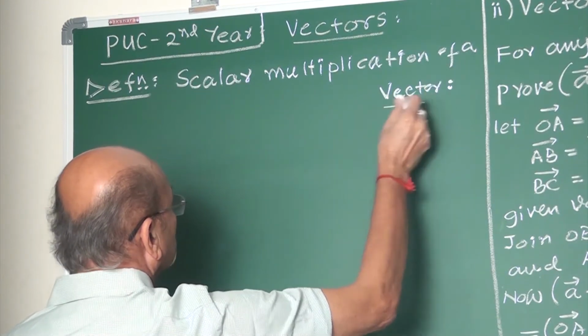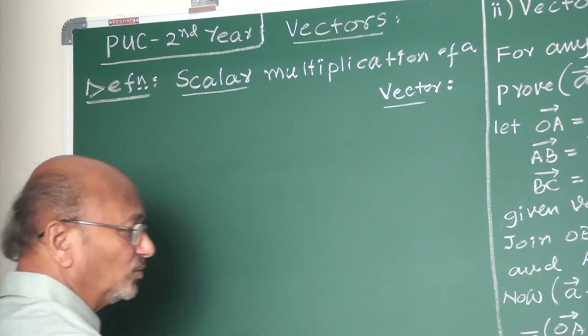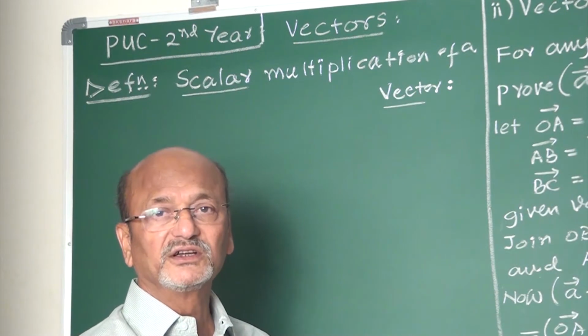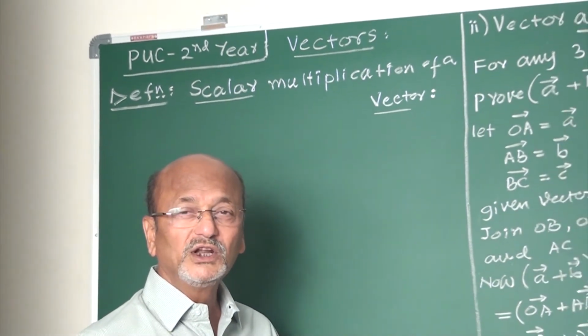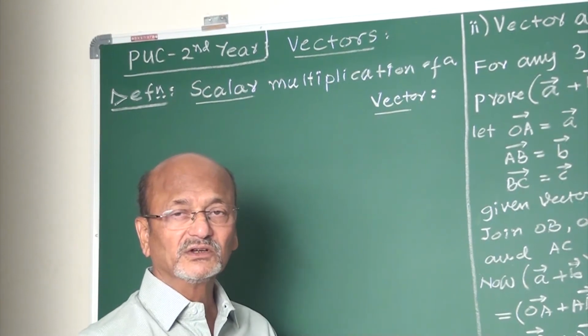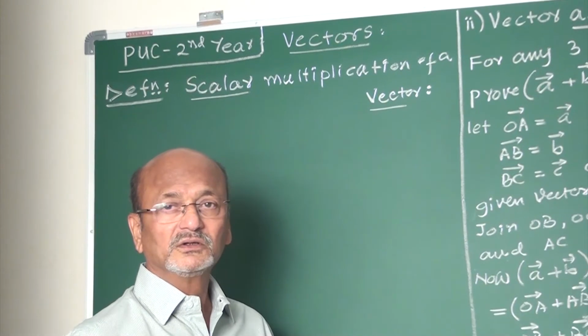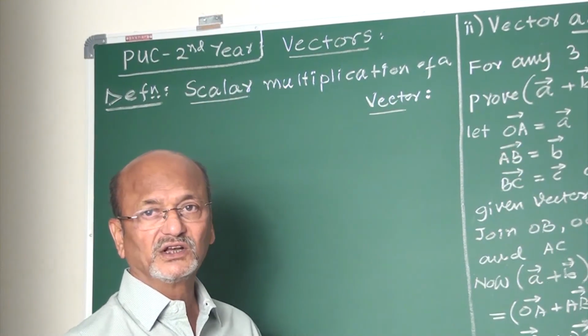You know what I mean by scalar? Your numbers 1, 2, 3, 4, 5, all the set of real numbers is a scalar quantity. A scalar has only magnitude, no direction. For the numbers, there is no direction. Therefore, the set of real numbers is scalar quantities.